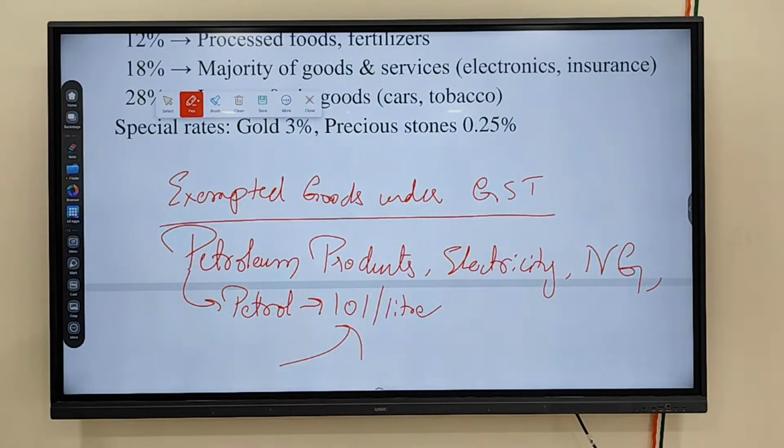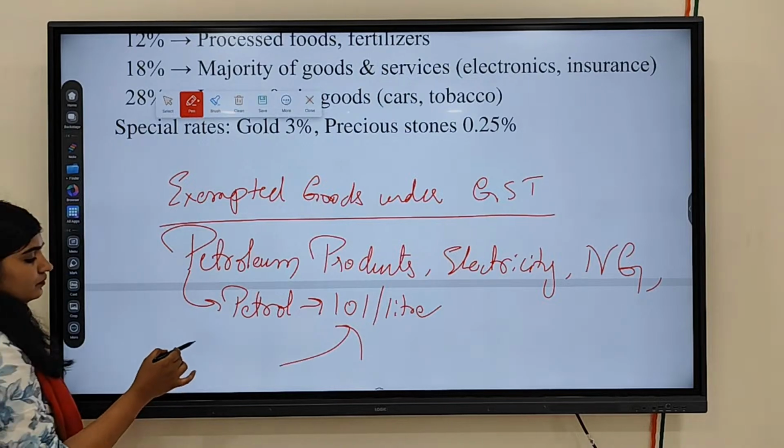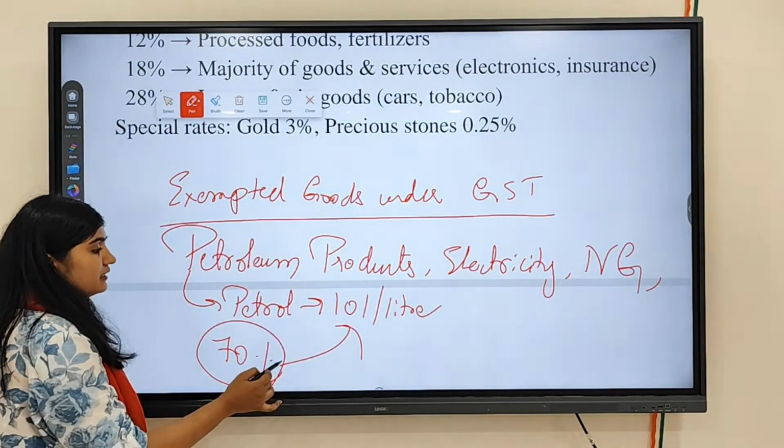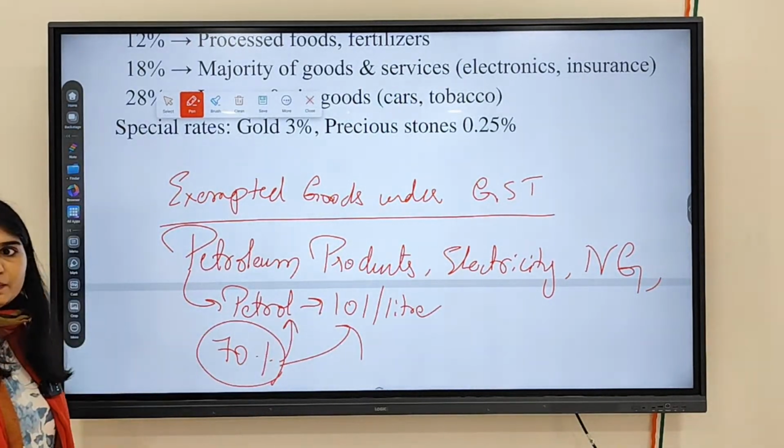How much tax will the government levy for petrol per liter? Is it 10%, 20, 30, 40? Around 70 percent of the tax is levied for petrol per liter.